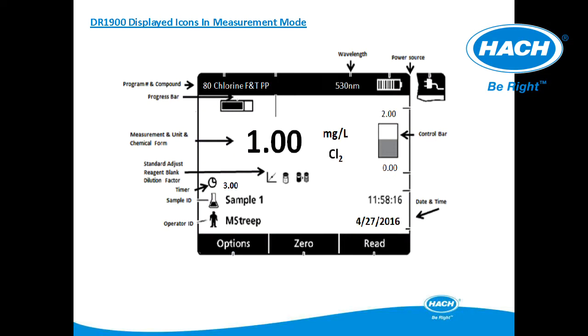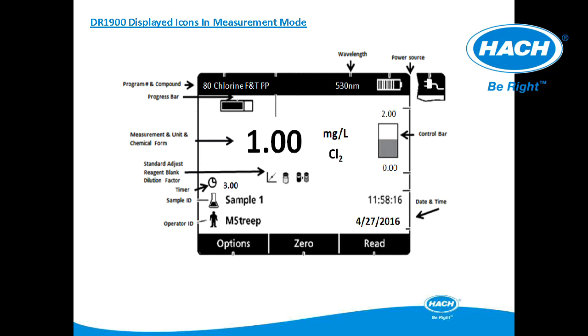This slide depicts all the icons that can be displayed during a measurement and all the features of the DR1900 software. Besides the measurement information previously discussed, there are additional software features that make the DR1900 so versatile and suitable for multiple applications. The DR1900 has a timer function that is saved for those programs that require a specific time for reaction.